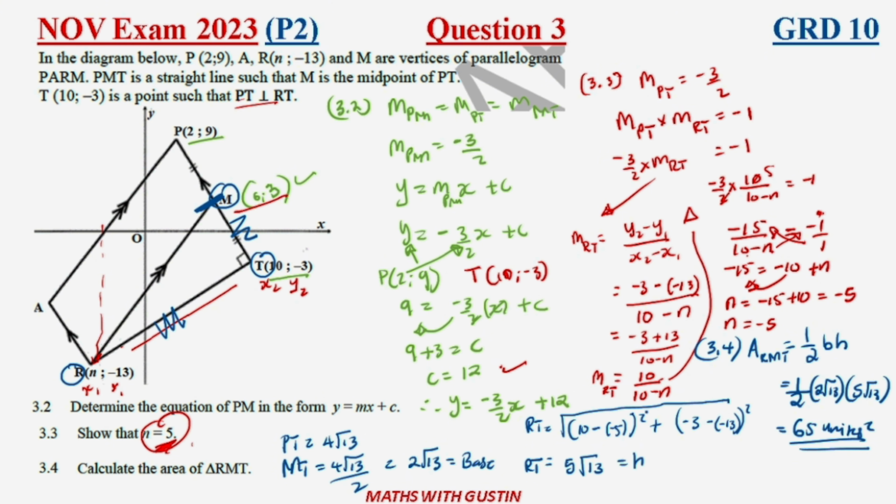If for example you decided not to calculate this the way I did here, you go ahead, because you already have these values, and use these two values to calculate this distance. You will get the same answer guys. There's no problem with that. You can go that route, but it will just take you more time. It doesn't mean that you're going to be wrong. You're still going to be correct, and you should therefore deserve full marks.